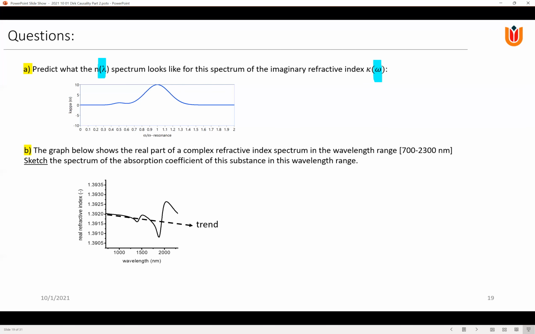And then the last one is a little bit of a trick question. If we have a downward trend going here, could that imply anything? Slowly going, yeah, it will get smaller.